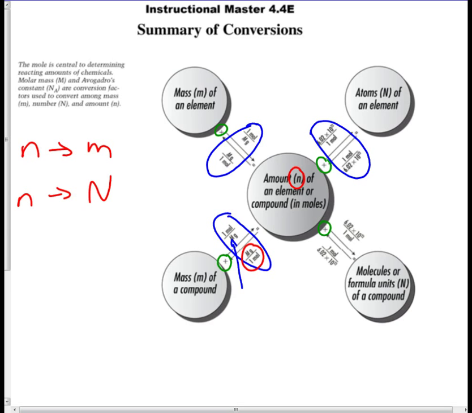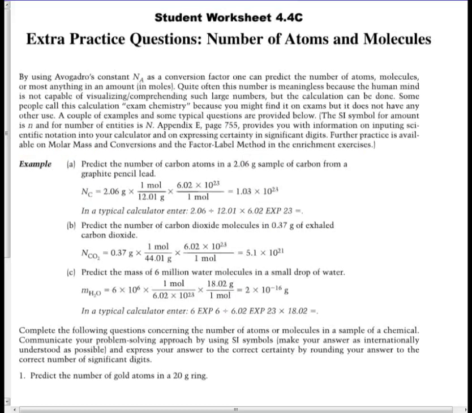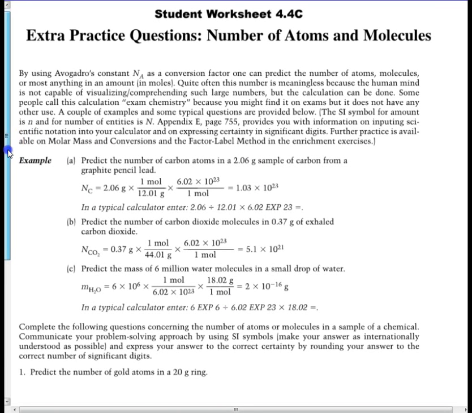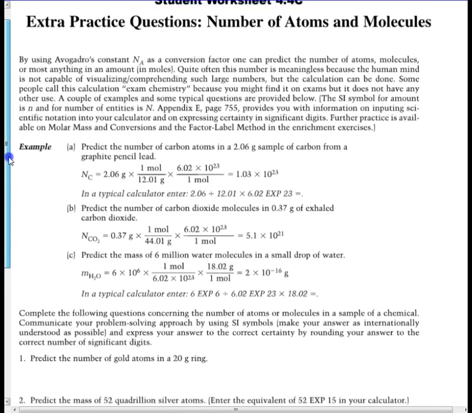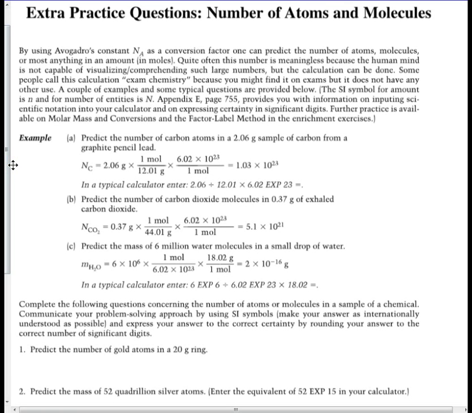So again, for those looking for a little bit extra practice, you can attempt, if you want some more challenge, some extra practice questions. This is just optional. Working with rate conversion as well. This can get pretty in-depth, where we can use 2 or more rates simultaneously to convert, for example, say a mass into a number of particles.